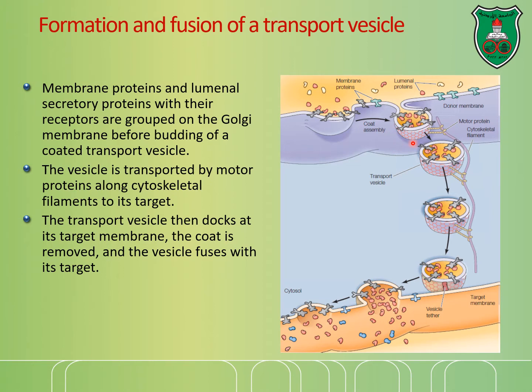And these coating proteins can interact with the cytoskeletal filaments, okay? Like actin and microtubules, for example. And then these vesicles are transported along the filaments until they hit the plasma membrane. They fuse with the plasma membrane, releasing their content.